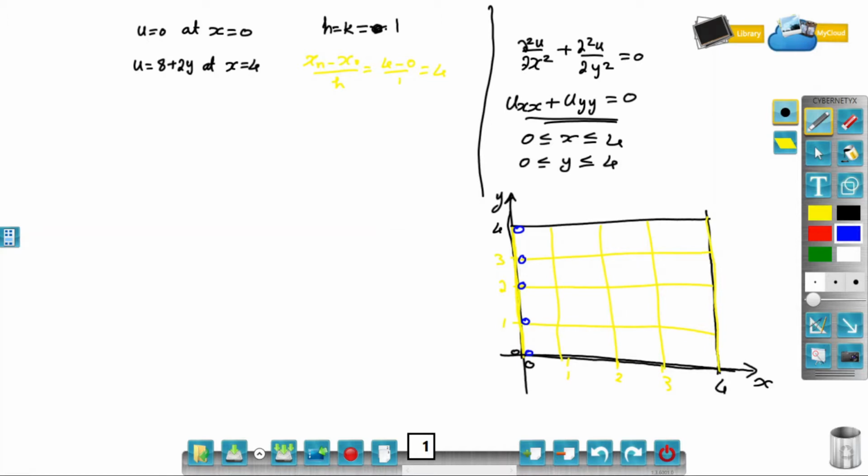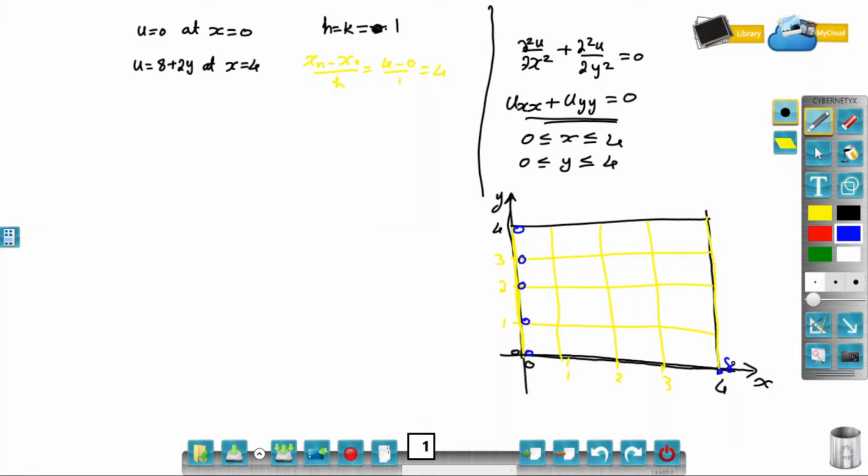Take this point, where y = 0. So 8 + 2 into 0 is 8. This value is 8.